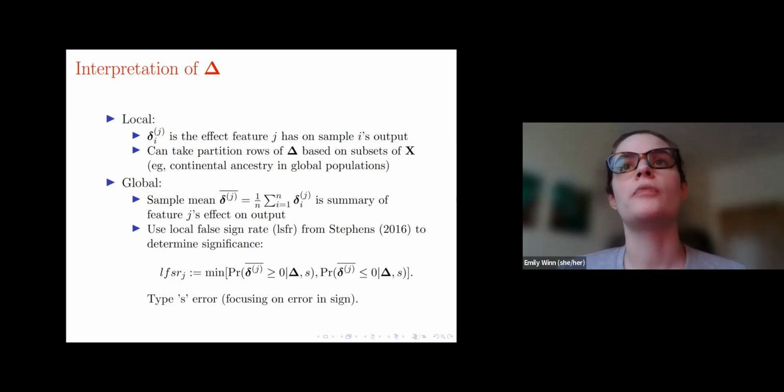In the global, we can take a summary statistic of every single column of J, for example, the sample mean, and use that as a summary of the J's effect on the local output.